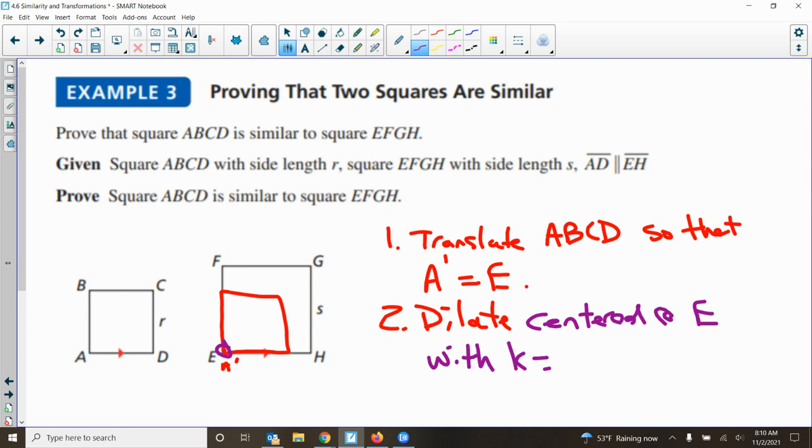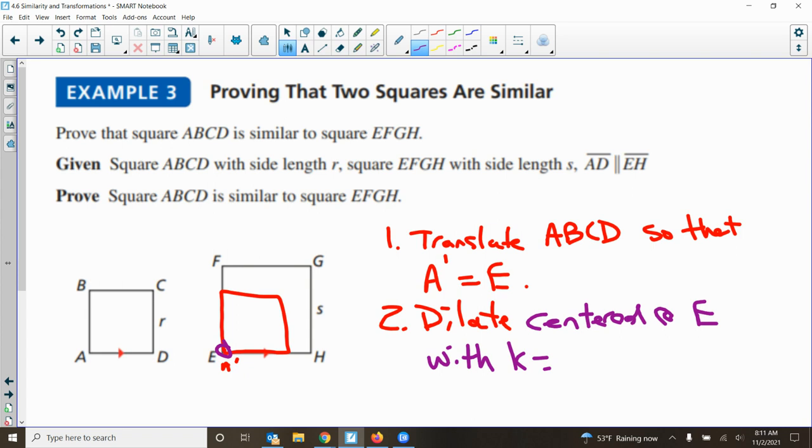If we did what you just suggested, this length would now be R times S, not S. The question is, what do we need to multiply R by to end up with a length of S? It's a tricky little thing. What do I need to multiply R by to get a length of S?